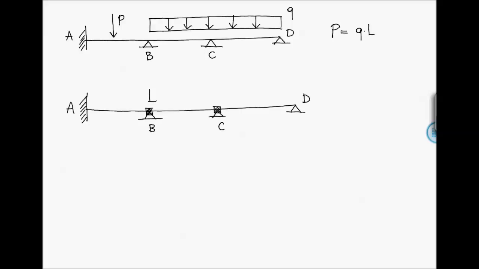So by only adding the additional restraints in nodes B and C, we are able to calculate the fixed end moments of this structural scheme, considering the uniform distributed load on beams BC and CD and the concentrated load on beam AB.